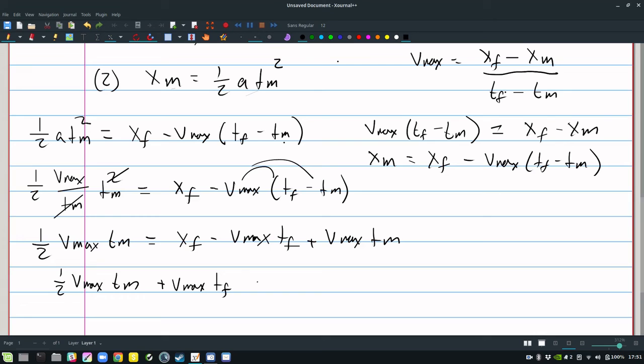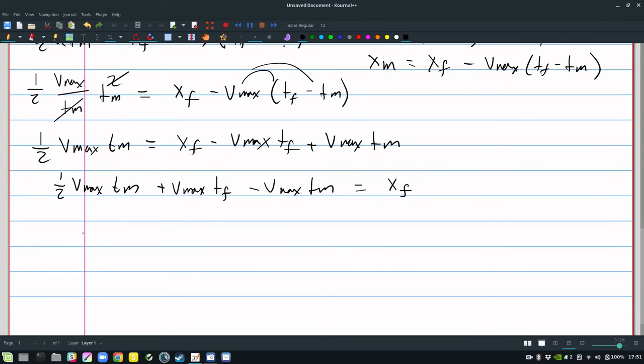And then I'll subtract v max tm, and that will leave xf like that. So once again, I added a v max tf to both sides, and that would cancel this middle term here, and then another one winds up on the left-hand side. If I subtract v max tm from both sides, that cancels this one and puts a negative v max tm on the left-hand side, and it leaves just xf by itself.